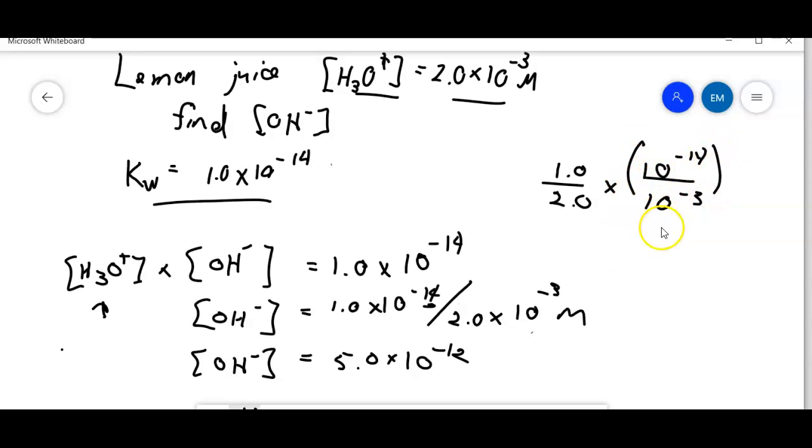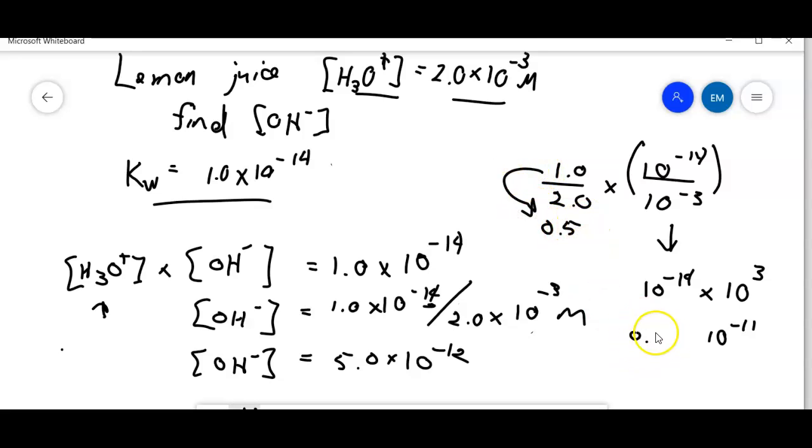This expression is going to be equal to 10 to the minus 14th times 10 cubed. Think about that. 1 over 10 to the minus 3 is 10 to the plus 3. So this is going to be 10 to the minus 11th, and this is going to be 0.5. So it's 0.5 times 10 to the minus 11th, actually 0.50.